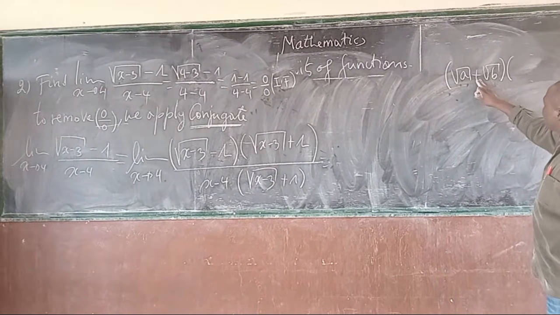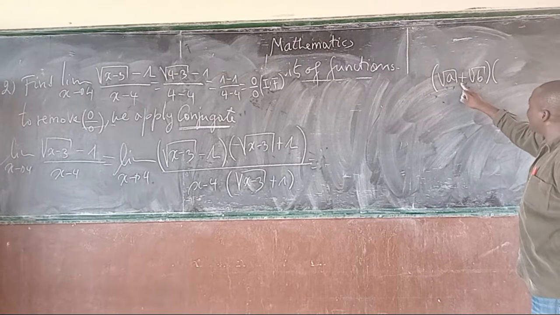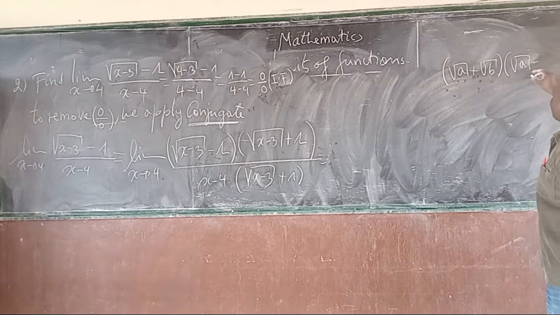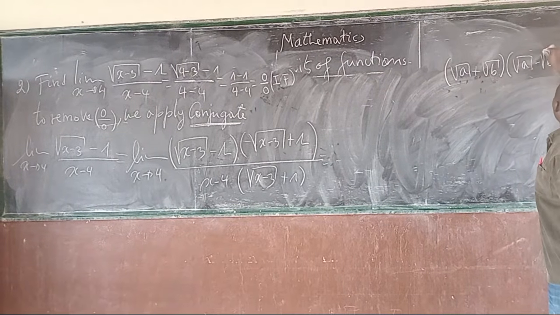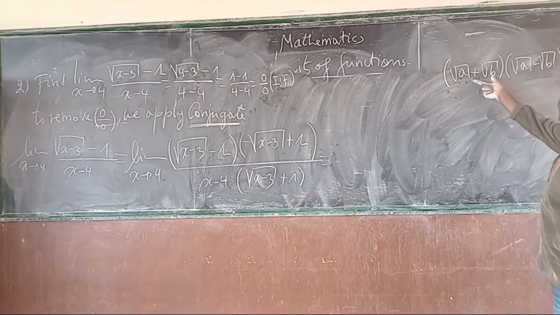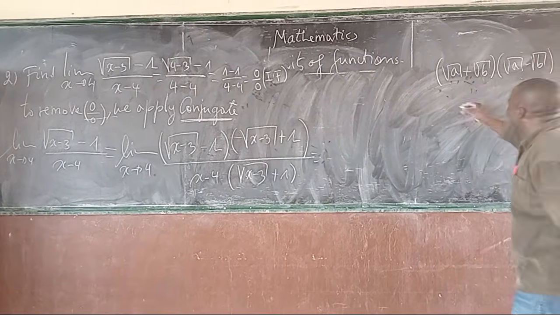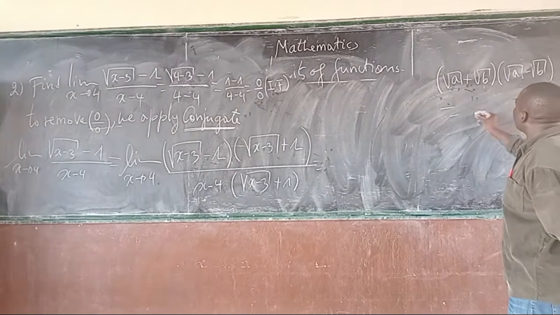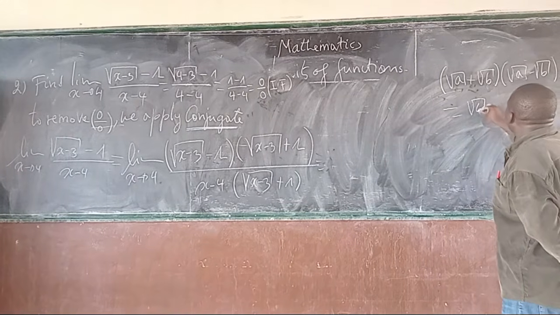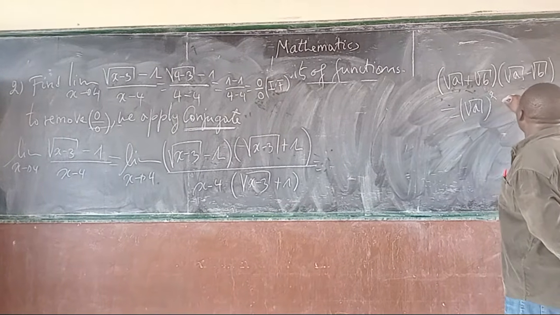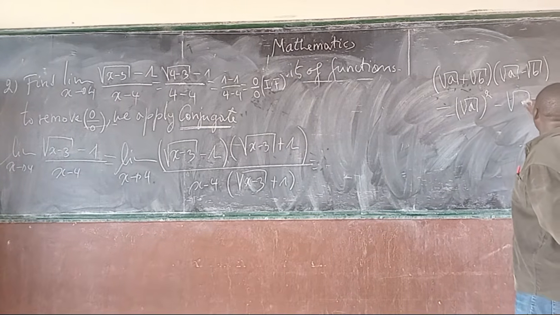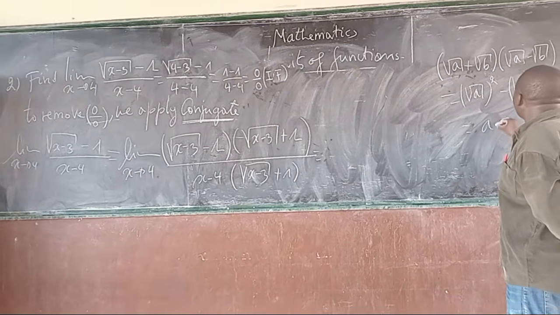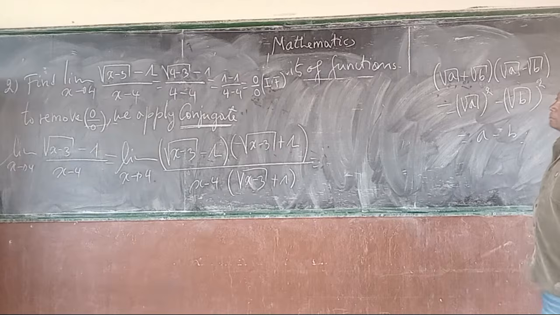The conjugate of this one, you change the sign from positive into negative. You get square root of a minus square root of b. Then when you have this factor times its conjugate, simply you can use this one. This is equal to square root of a squared, minus square root of b squared. Simply we are still remaining with a minus b only.